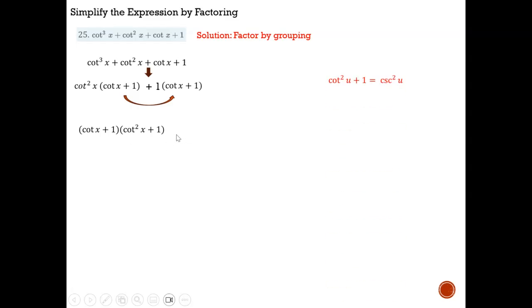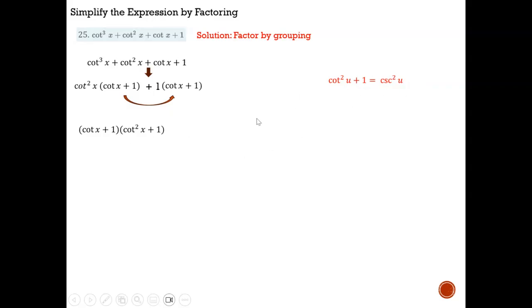Now, this is my answer, but according to the Pythagorean rules, we go to these rules here because we have something squared, either cotangent, tangent, secant, cosecant, sine or cosine. We go to the Pythagorean identities to see if it can be simplified. We notice cotangent squared u plus 1 equals cosecant squared u.